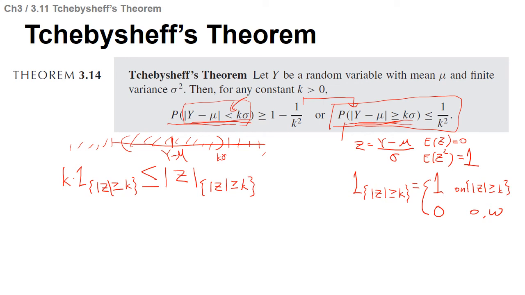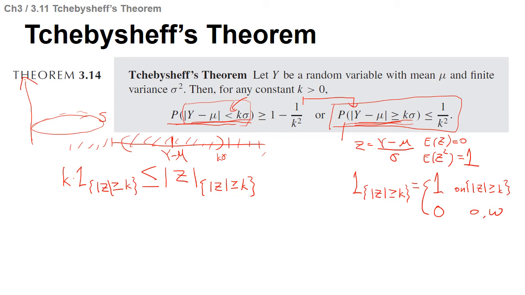Why is this true? This is a random variable, and a random variable is defined on set S and mapped to the reals. Let's say this axis represents the real axis, and this part is the set S, on which our random variable is defined.